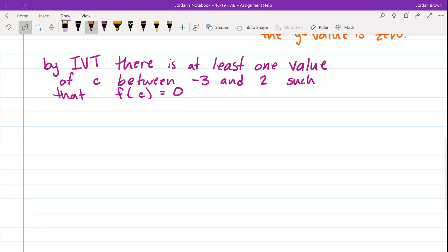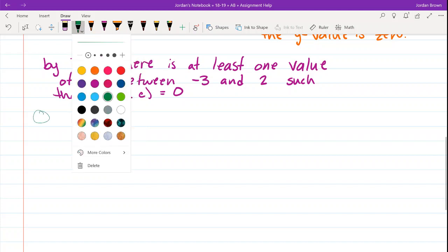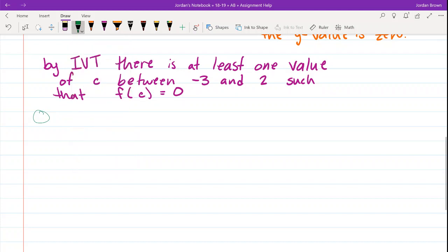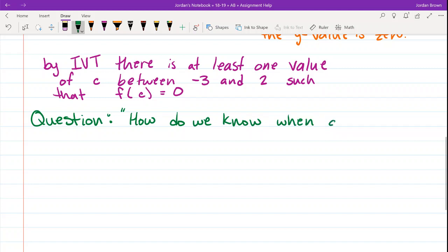Okay. So the question was, how do we know when a linear approximation is an over or underestimate?